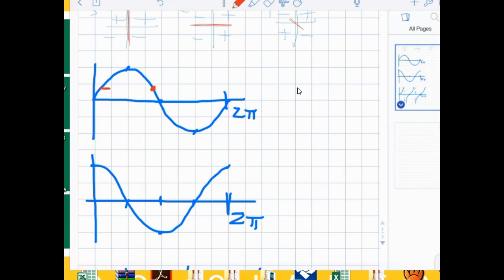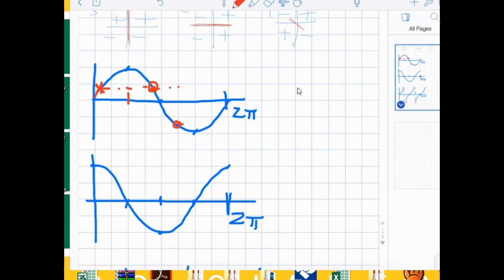Well, just by drawing a dotted line here horizontally, you can see that the other angle that has the same sine value as this one is right here in the first quadrant, right? The first quadrant is from 0 to pi over 2, right? So if you start with this one, you know that the other angle that has the same sine value is here. What if you had this angle? Where is the other angle that has the same sine value as this one?